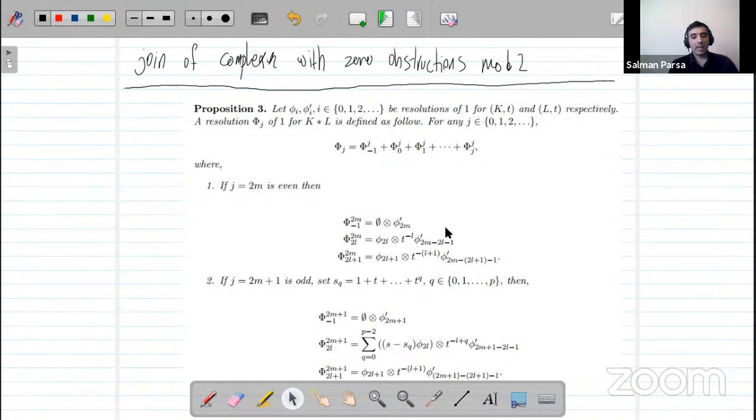So now, based on this formula, we already have the resolution for the join, and we have certificates for each of the factors. Then we can hope that the join of these certificates works.